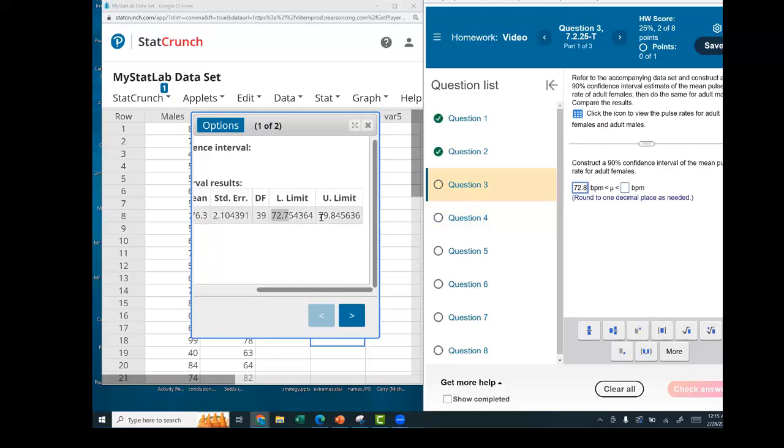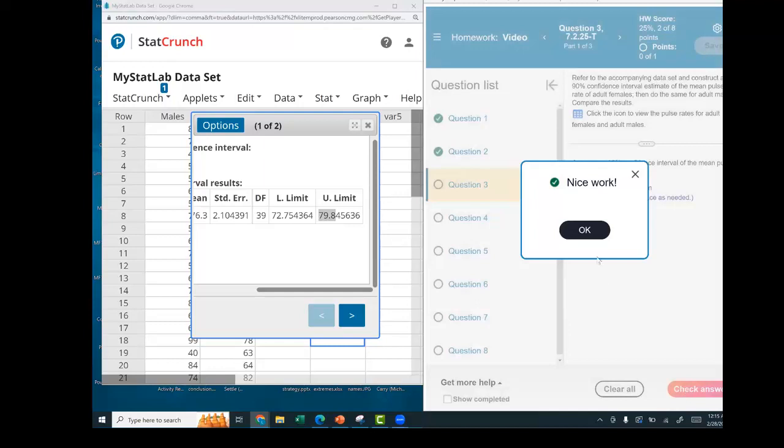And our upper limit, 79.8. Let's see what we got. Perfect.